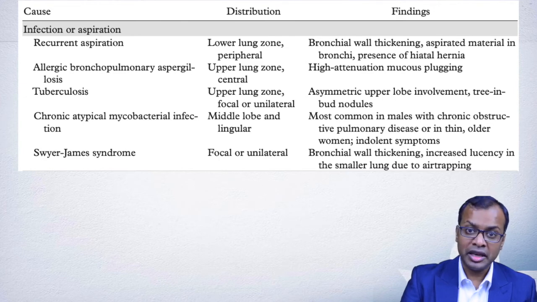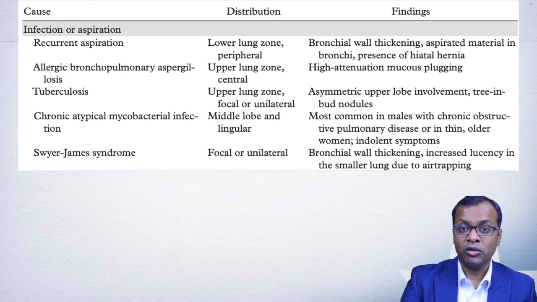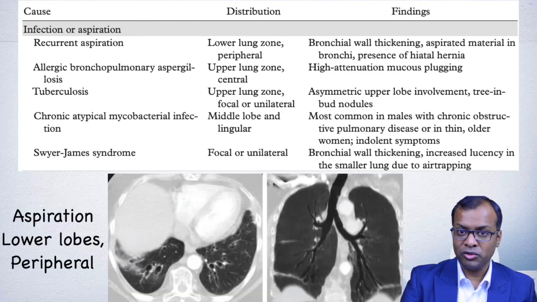ABPA, allergic bronchopulmonary aspergillosis, tends to be more upper lung zone and can have a perihilar distribution. Then you're looking at the infection of atypical mycobacterial, which is again in the mid zones, and if you're looking at Swyer-James, it tends to be unilateral or focal.